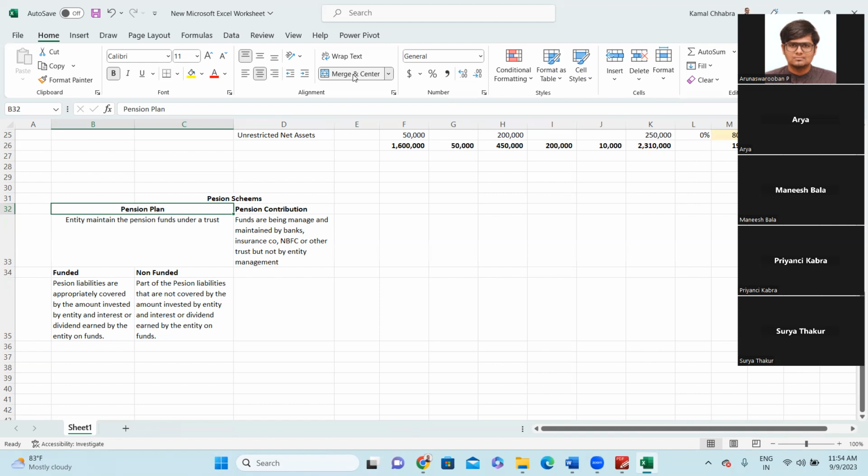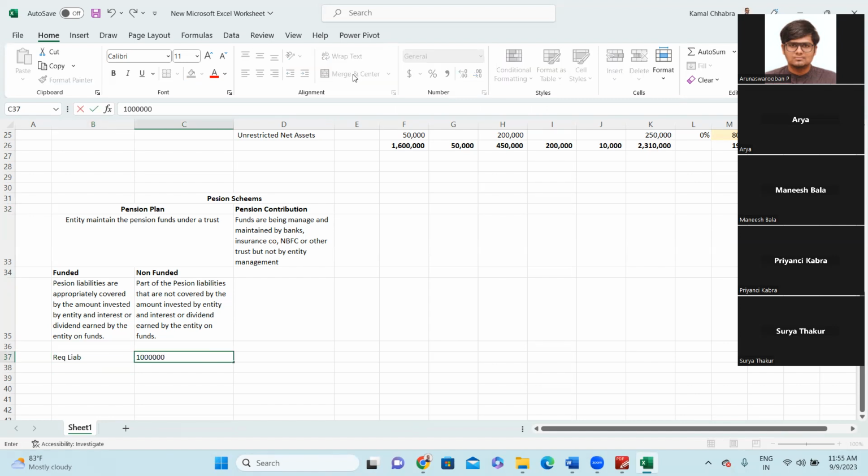For these 100 employees, let's assume the employee side of contribution is $400,000, and the employer side of contribution is also $400,000, and on those $800,000 that you have invested, you are earning or expected to earn an interest of $100,000. What is the shortage? The required liability is $1 million.